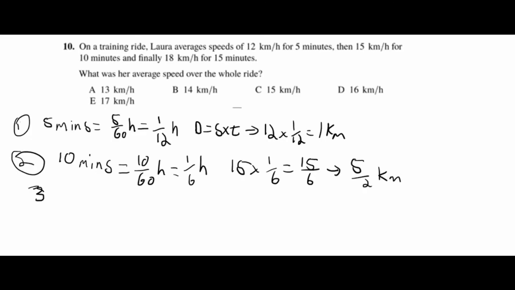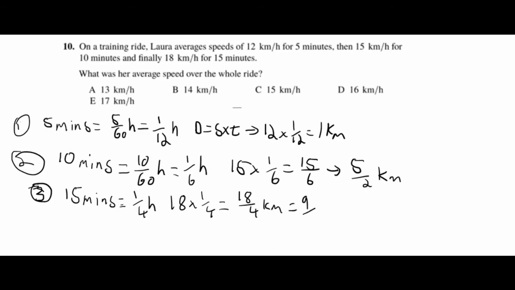Now for the third part, 15 minutes is equal to 1/4 of an hour, and so her distance in the third part will be 18 times 1/4, which is 18 over 4 kilometers, which equals 9 over 2 kilometers.